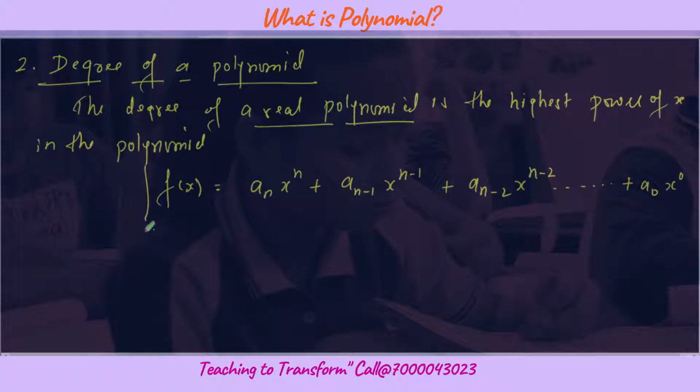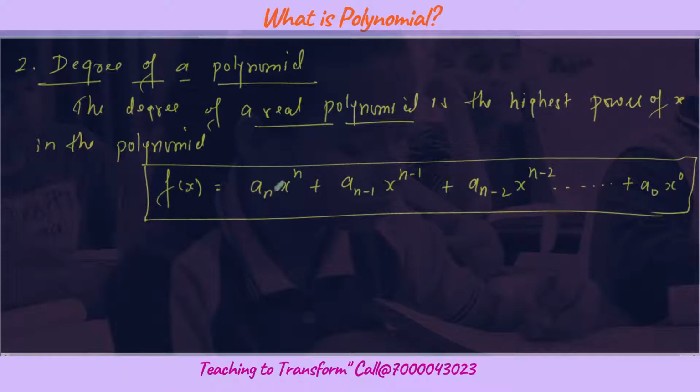This is a standard format to write down a polynomial of order n. So this is a polynomial of degree n, with n as the highest power of x, where n is a positive integer, and an should not be equal to 0.